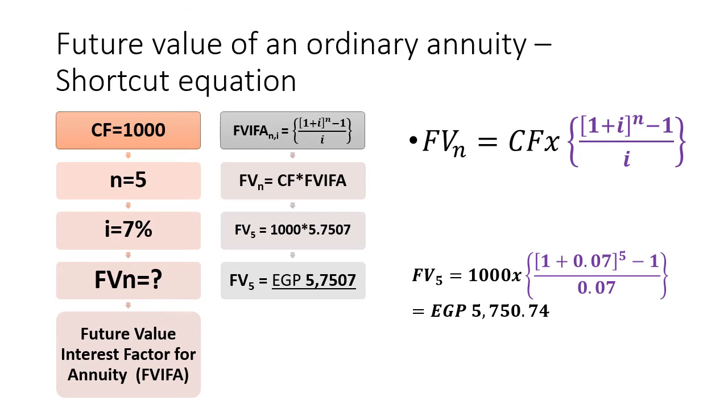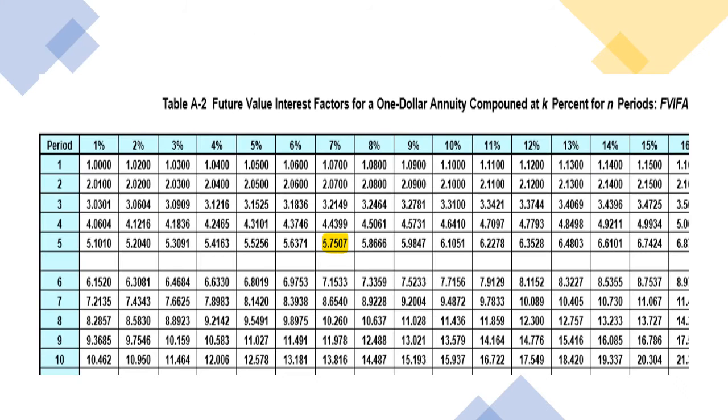We can apply this equation directly: future value equals cash flow times the future value interest factor for an annuity. We can get the factor from the table.